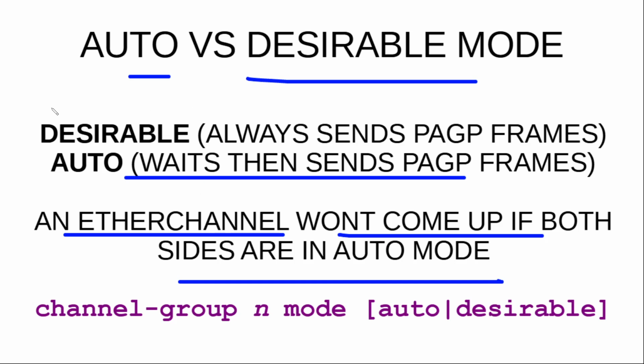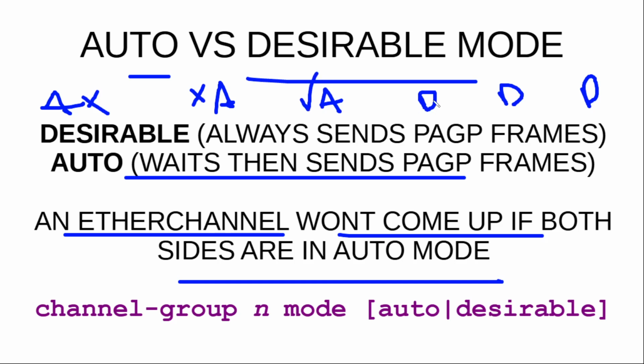If you have auto and auto, the port channel will be down on both sides. But if you use auto and desirable, or desirable and desirable, the port channel will come up on both sides. This is the way to configure your channel group: a number, and then a mode.